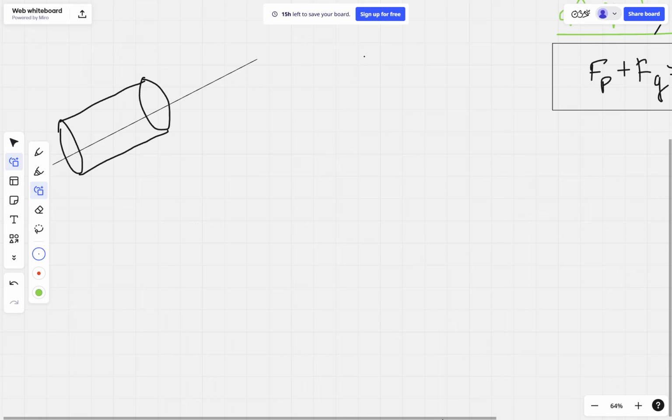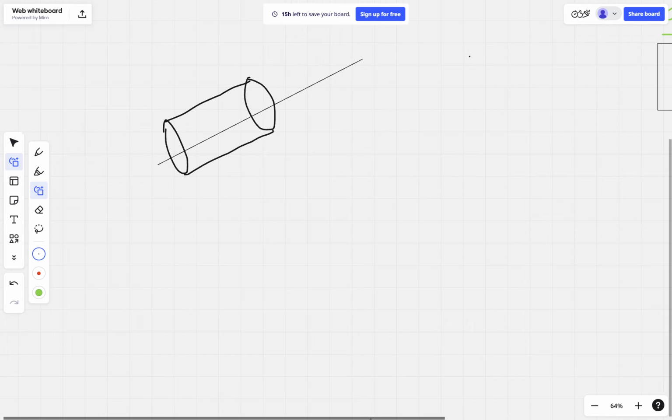Okay, so this is the cross section, and along the cross section we're gonna just take a streamline. Just look at, like, this is a streamline, this is a streamline.